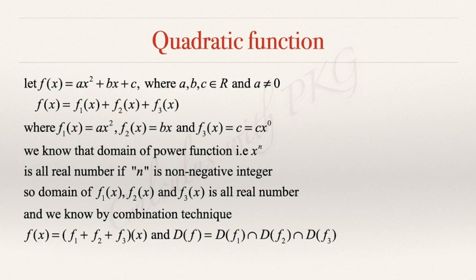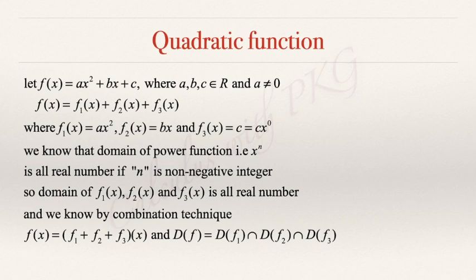And in our lecture of function part 4 we have studied the combination technique of functions. Now here we can say f of x is the sum of all the 3 functions, f1 of x, f2 of x and f3 of x. So while combining functions we have to keep in mind that the domain of the function f is equal to the domain of function f1 intersection domain of function f2 intersection domain of function f3.